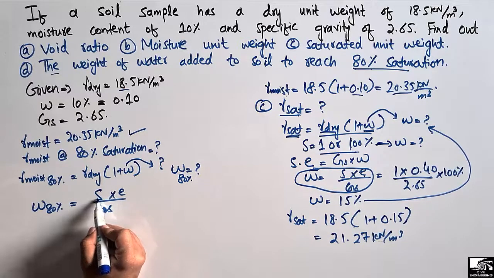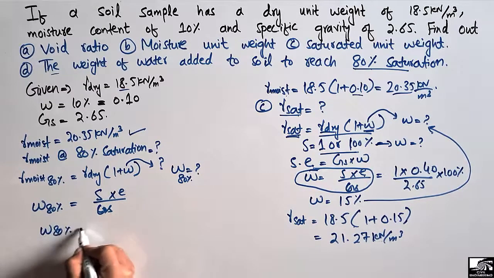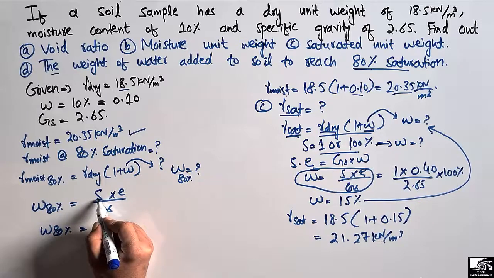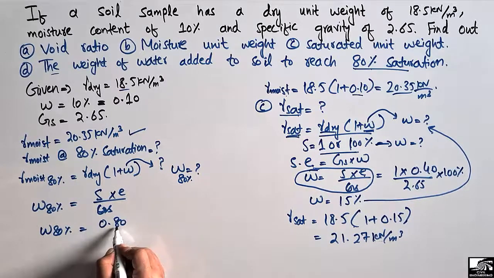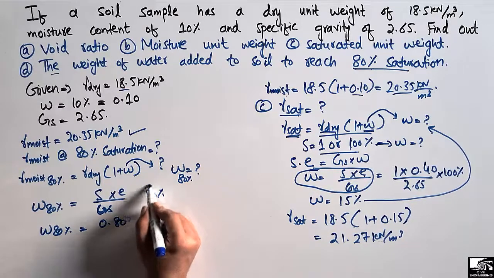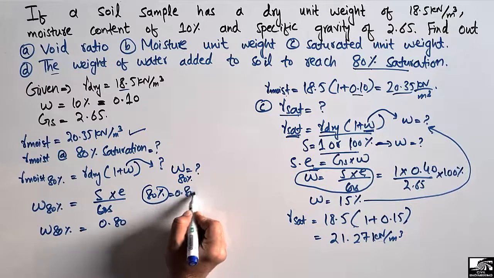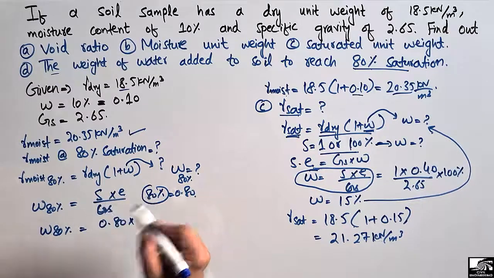So the saturation is 80% here. The water content for the 80% saturation will be, the degree of saturation is 80%, so we will write it here as 0.80 because it is in decimal. I just divided this 80% by 100, so I got 0.80. This is 0.80 multiplied with the void ratio, which we found out before.